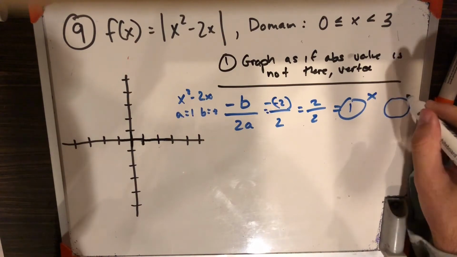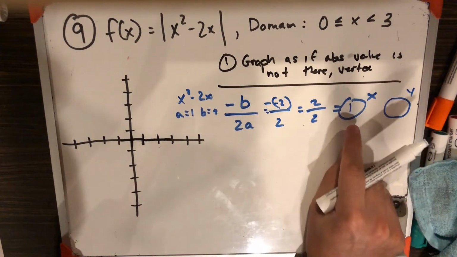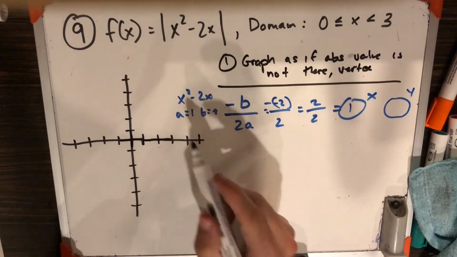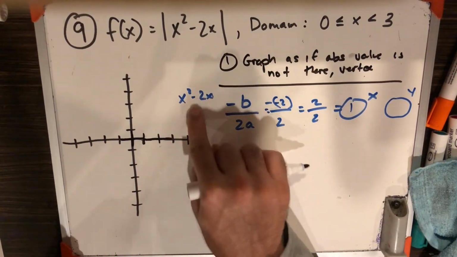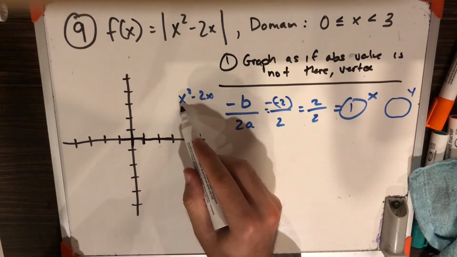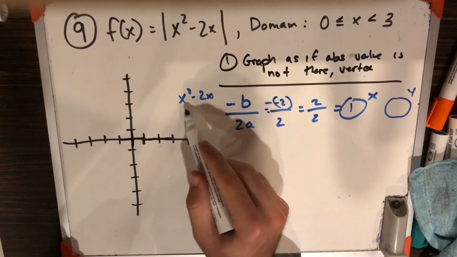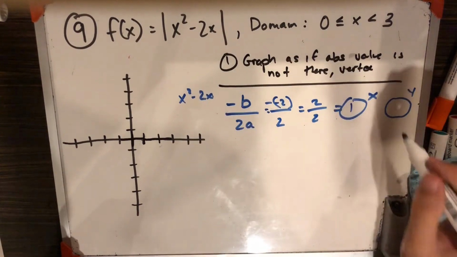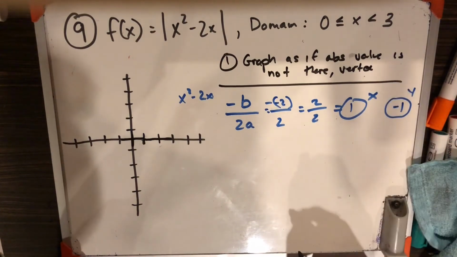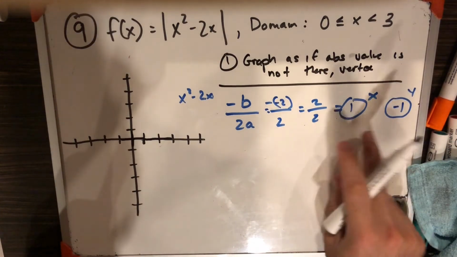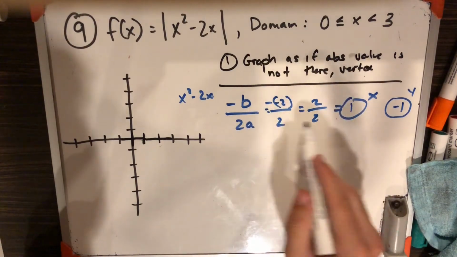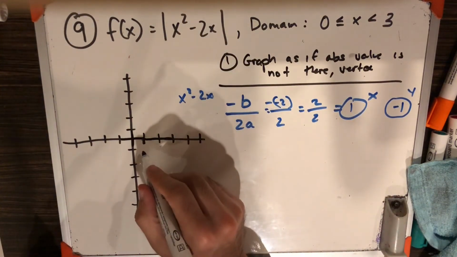So what is the y portion of my vertex? Well, I need to plug in 1 for x squared minus 2x, right? When I plug in 1, 1 squared is 1, minus 2 times 1 is just 1 minus 2. 1 minus 2 ends up being a negative 1. Right, well, great. I have found the vertex of this quadratic, which is 1 and negative 1.